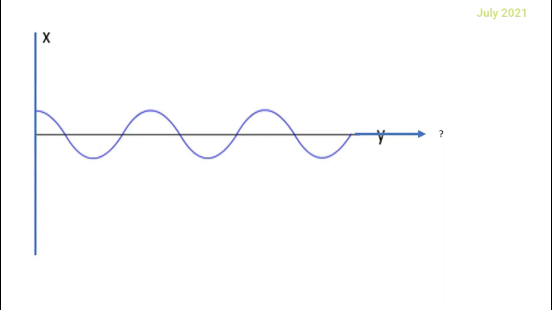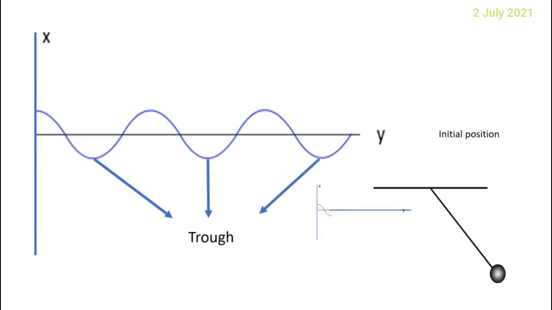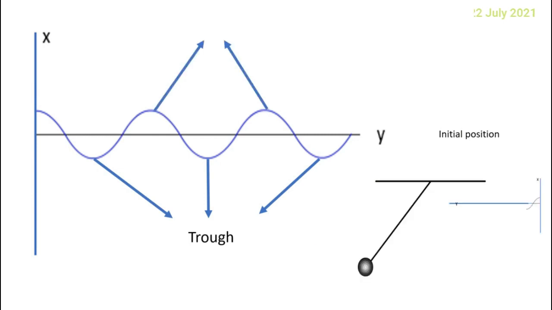We have also learned that all the extreme positions of a wave or any vibrating body, such as a point which is shown on your screen, are referred to as trough, and the extreme positions on the other side, which again is there on your screen, is referred to as crest.